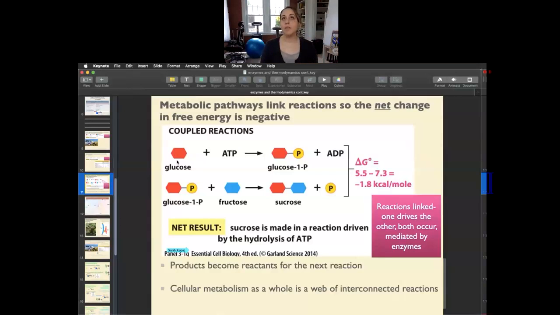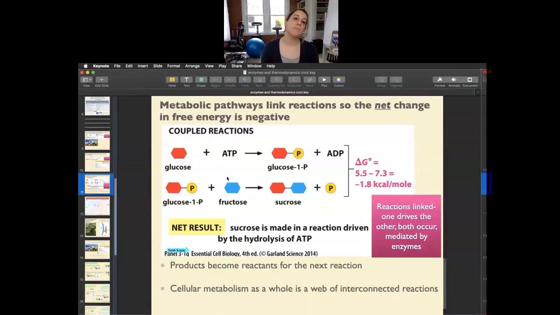Or sometimes some of the steps are favorable, some of them are unfavorable, so we need to use ATP. But overall, if you look at the net, then you're going to have a negative delta G. That is the release of free energy. Does not require energy, if you do it in this specific sequence.